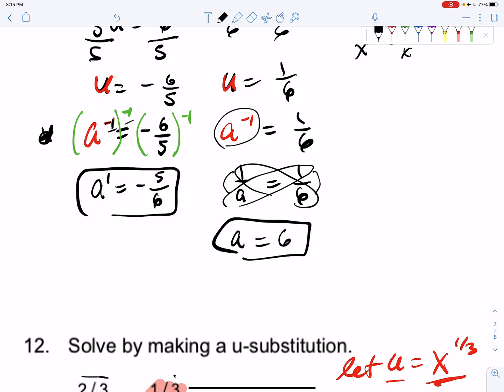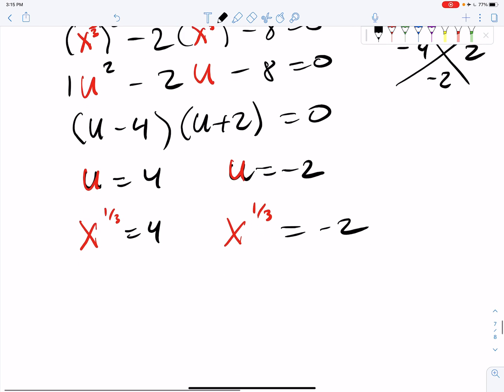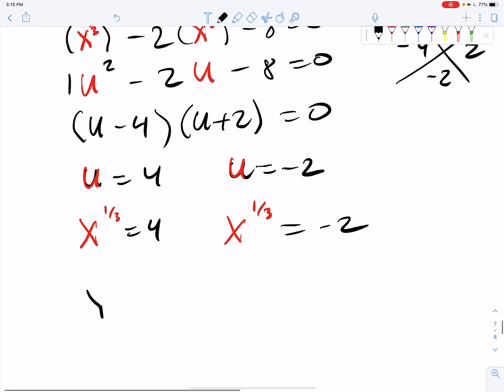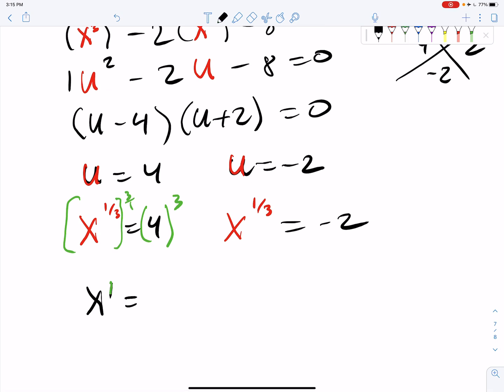I raise it to the -1st. -1 times -1 is 1. So that same sort of similar logic, because ultimately I want x to the first power. So if I take this and raise it to the third, 3 over 1 times 1/3 gives us that x to the first. So there's my logic. I'm raising both sides to the third power. And so I get x equals 4 cubed, which is 64.